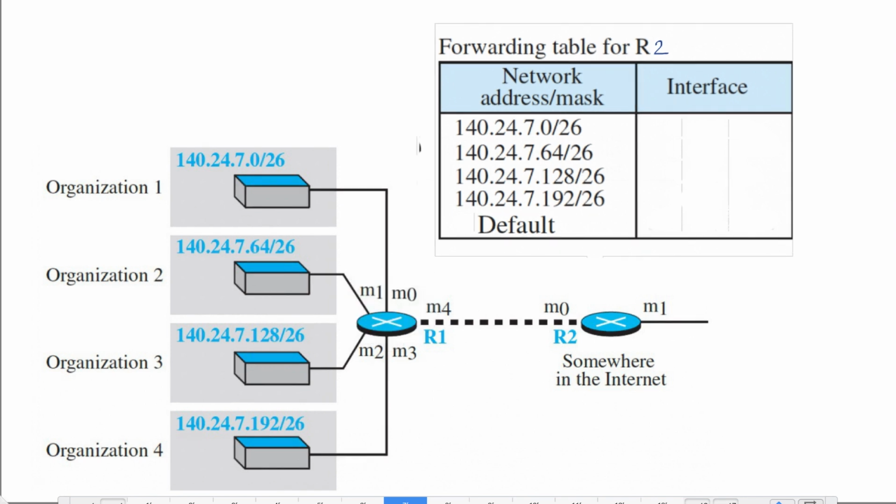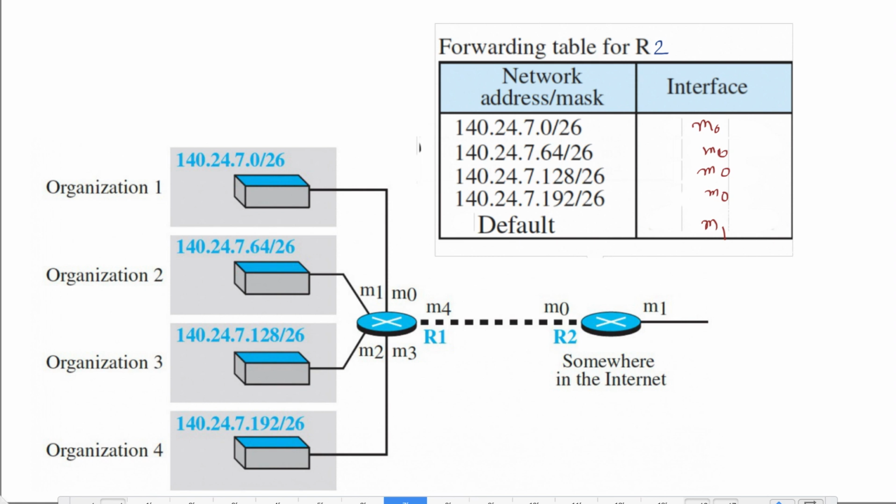Now for R2, if it is any of these networks, then it will go to M0 obviously. M0, M0, M0. Otherwise it may go to M1, or if some network is connected to M1, then I can say M1. Or otherwise by default it should go to M1, because if the packet is not intended for one of these networks, then it should go to M1. So by default I can say M1.